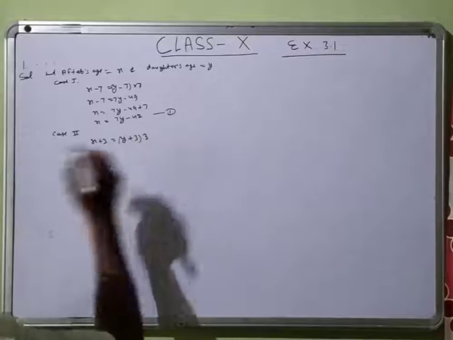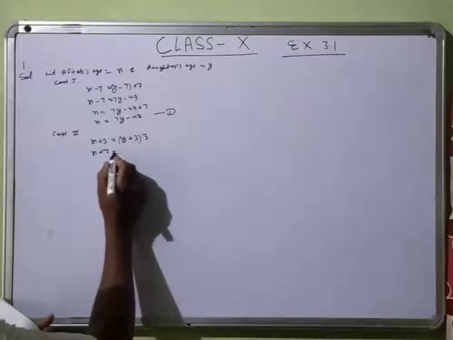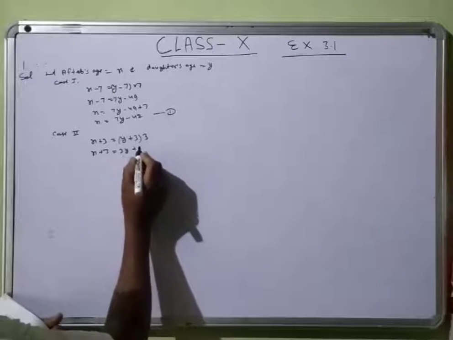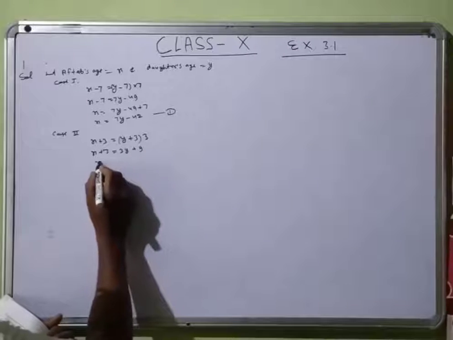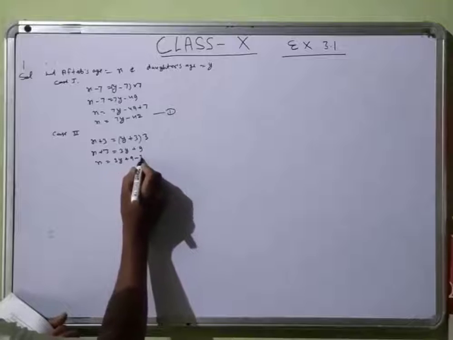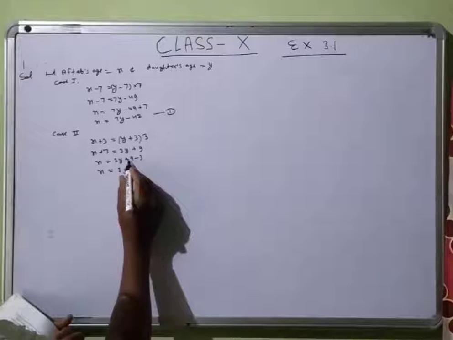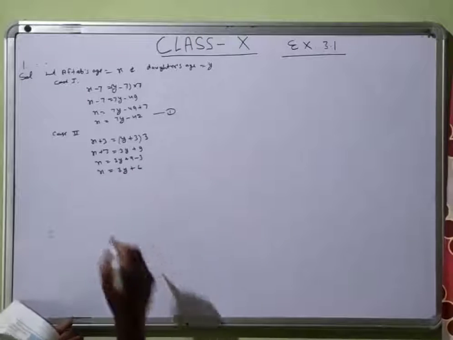It means the daughter will get the 3 times. So x plus 3 is equal to 3 times (y plus 3), 3y plus 9. So x is equal to 3y plus 9 minus 3, so x is equal to 3y plus 6.